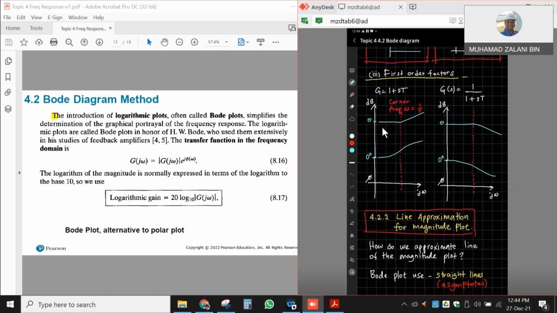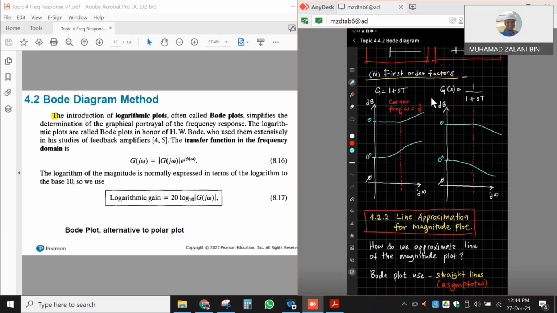Similarly for magnitude, when omega increases from 0 to infinity, at the corner frequency there will be some turning toward infinity like this. So that is for the function G(s) equals 1 plus sT.